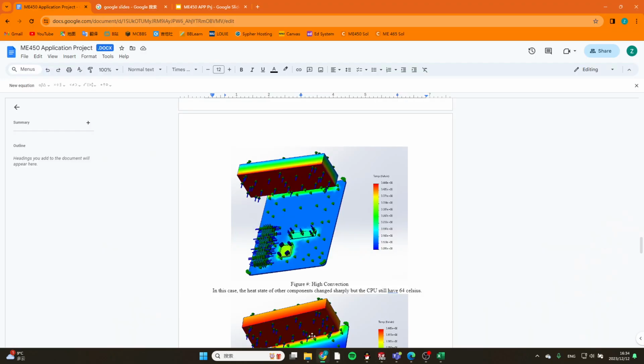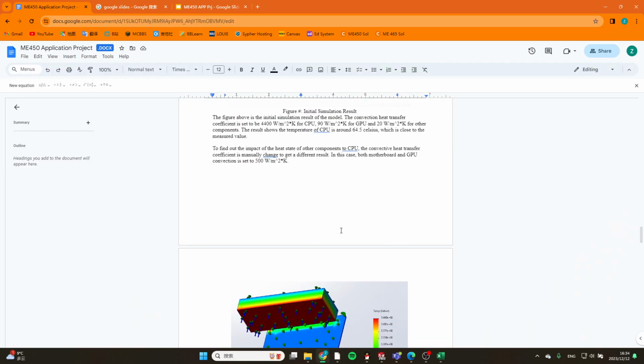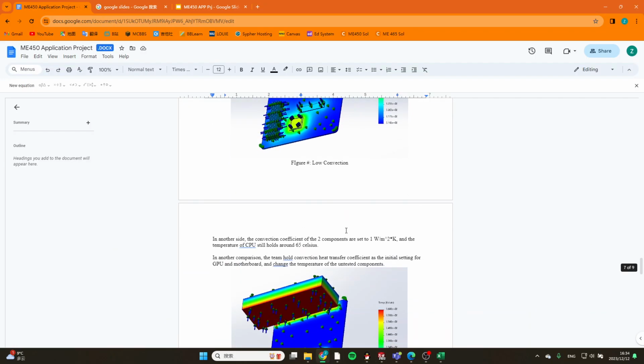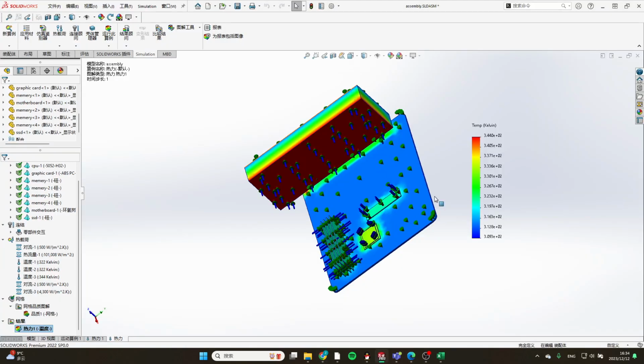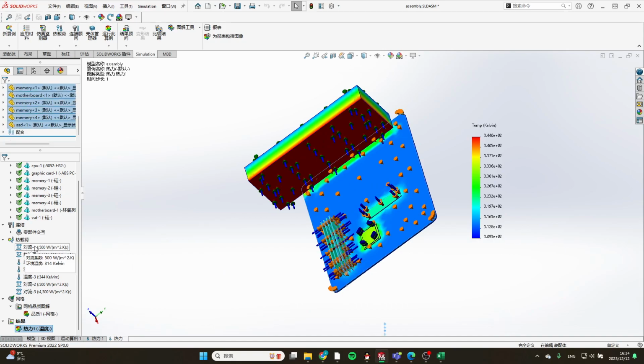And after conversion, it's around 64 Celsius. To save time, I'll skip the one with only 1 watt per meter square Kelvin.